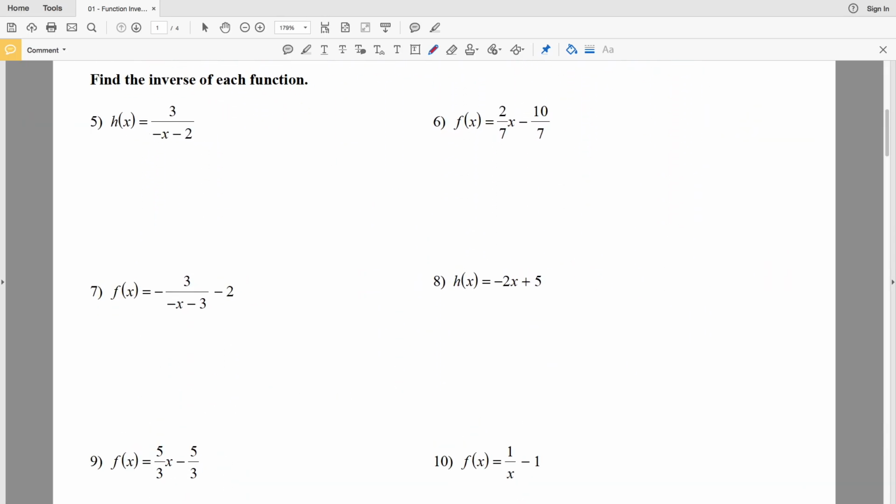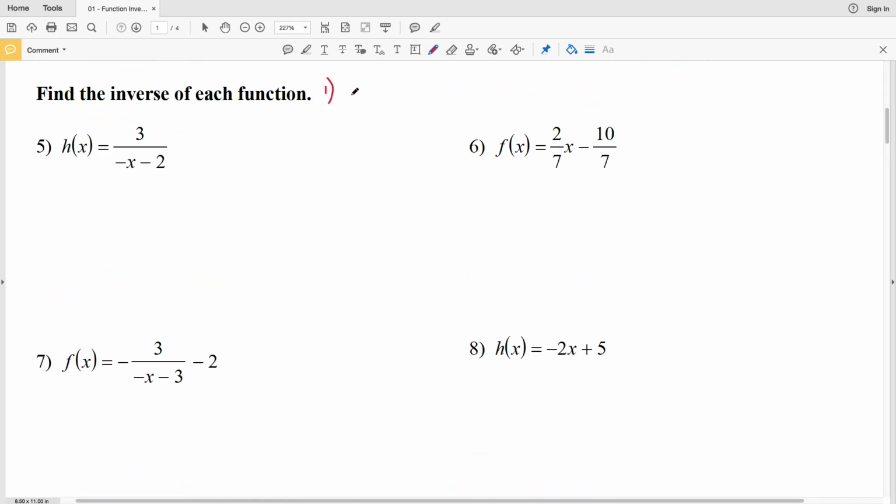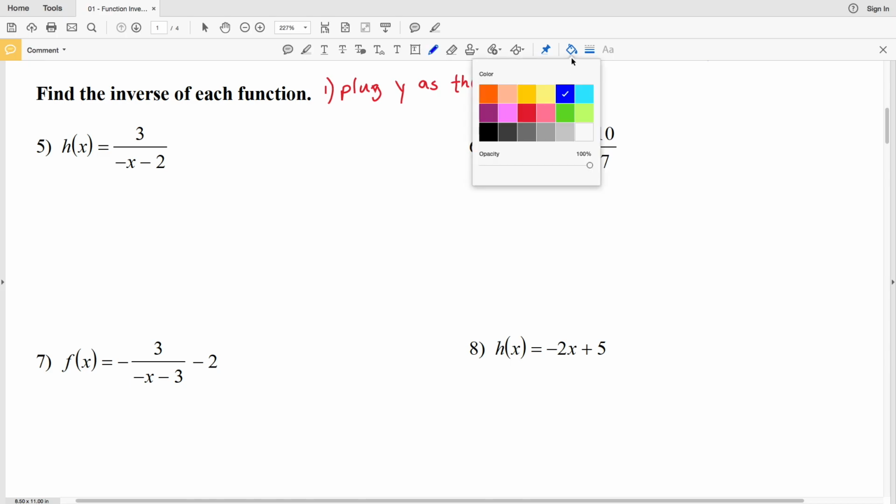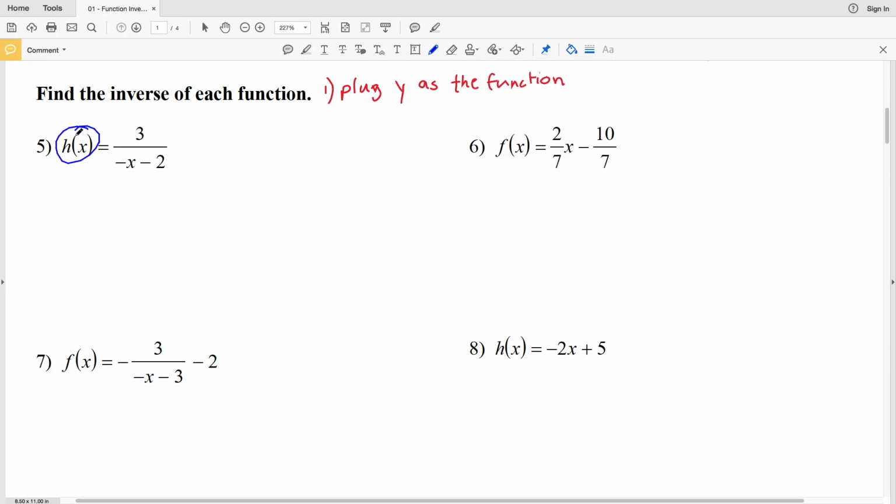Now for numbers 5 through 10, we're going to be finding the inverse of each function. And there's a simple way to find the inverse given one function. So for our first step, we're going to plug y in as the function. So looking at number 5, h of x, we're going to make that y.